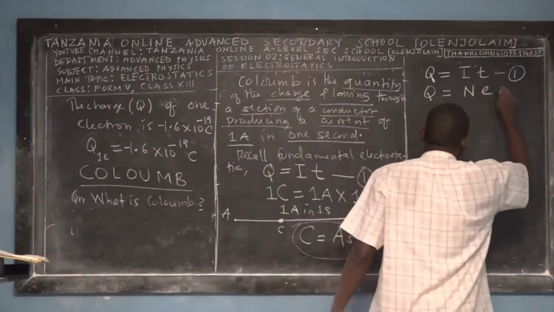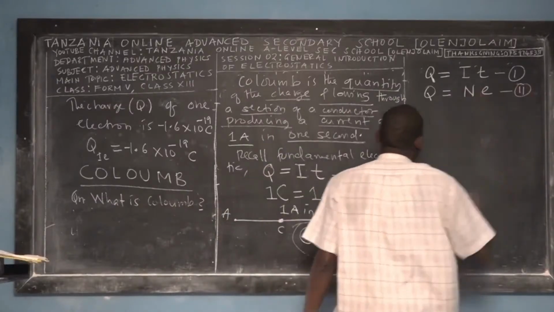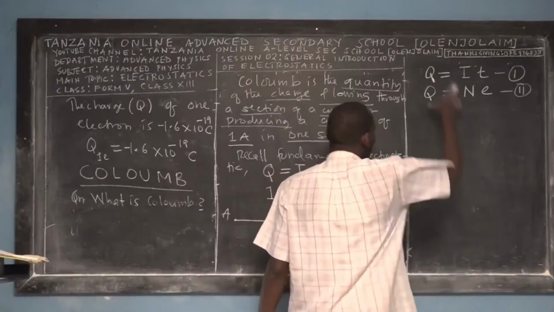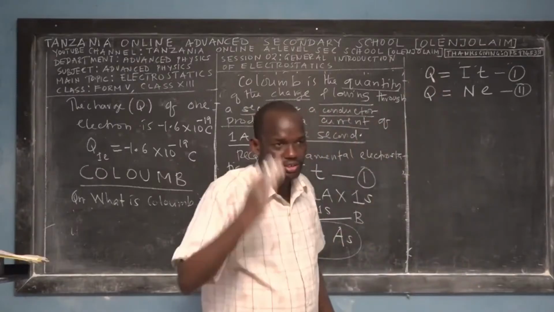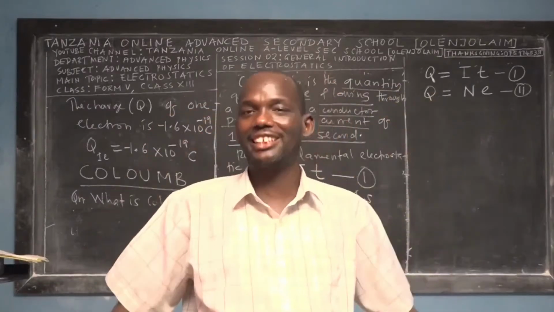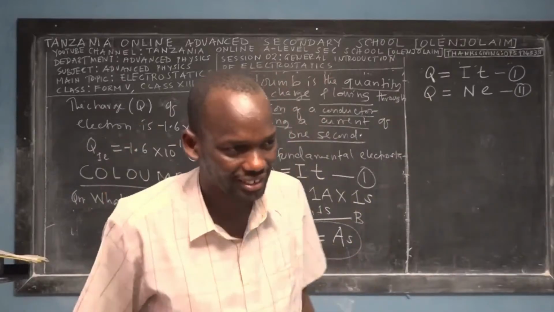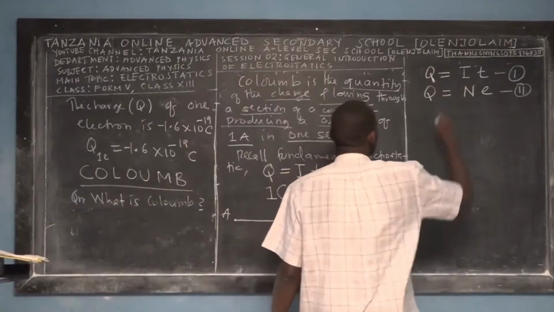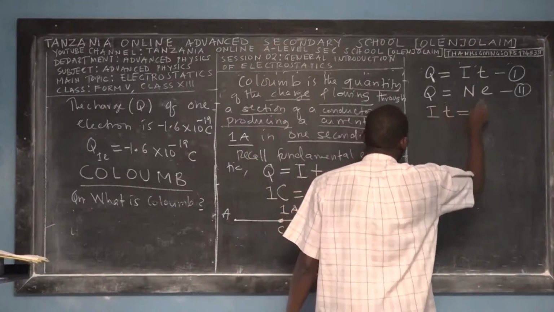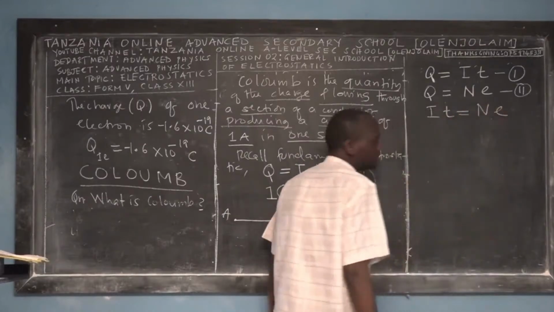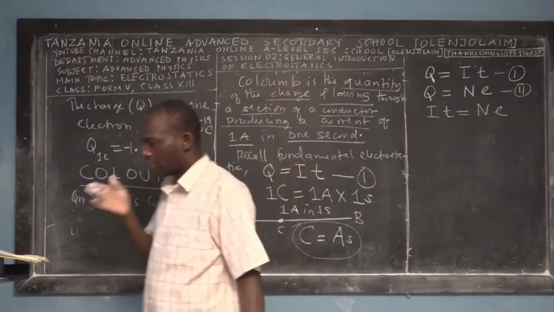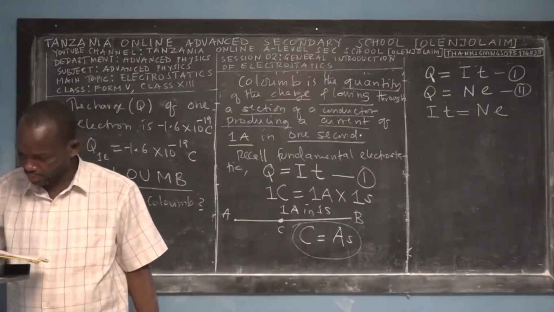Good. We will even learn this stuff in current electricity. This is the quantity of charge, because remember, three quarters of electrostatics is all about charges, positive charge and negative charge, so you have to adapt to it from now. It means equation 1 and equation 2 are equal. So electric current times time is equal to number of electrons times electronic charge. Now you can deduce a very interesting expression.